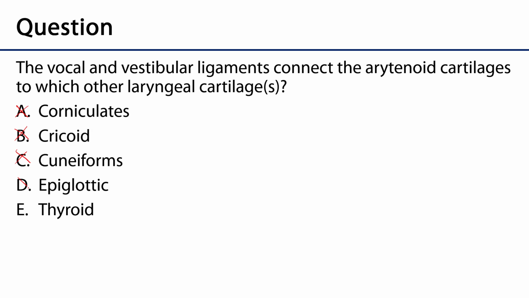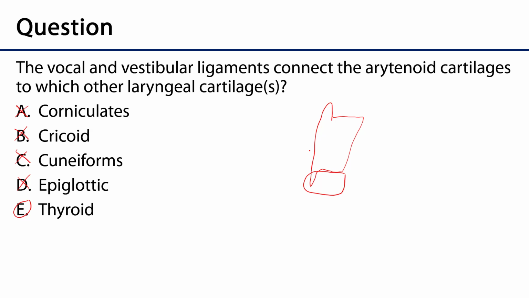Epiglottic? No. Thyroid? Yes. So if we think about this, let's kind of view this laterally here. So here's our good old thyroid cartilage. And that's sitting atop our cricoid cartilage.